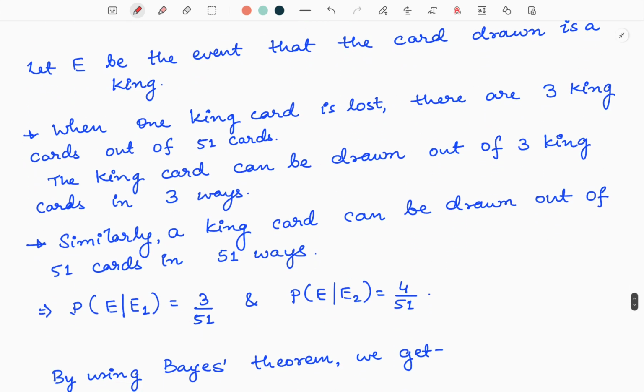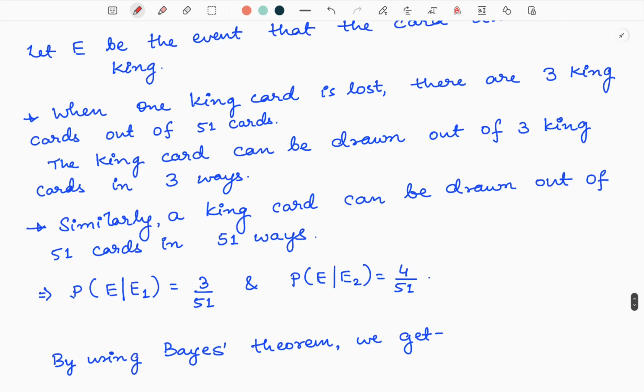So when the lost card is a king and you draw a card and find that it is a king, the probability of E when E1 has already occurred will be 3 by 51.